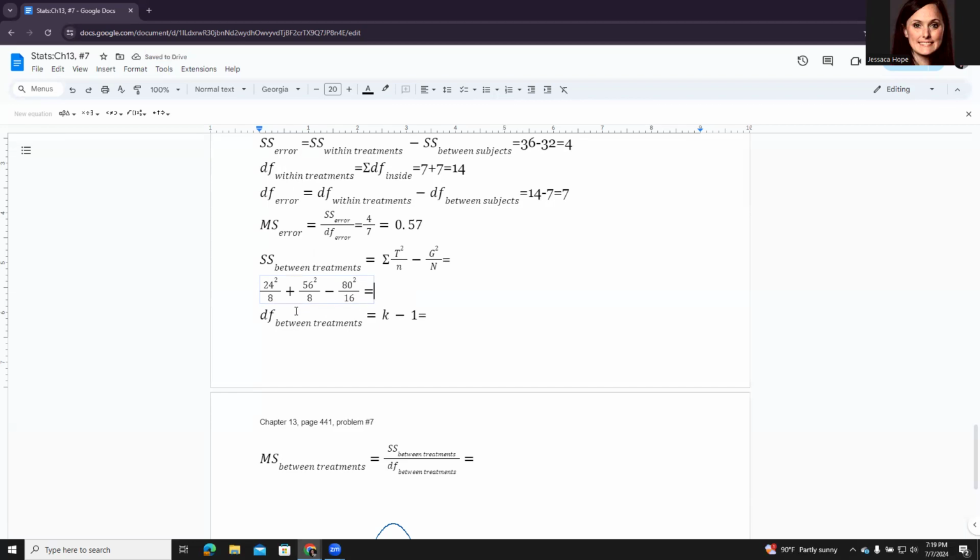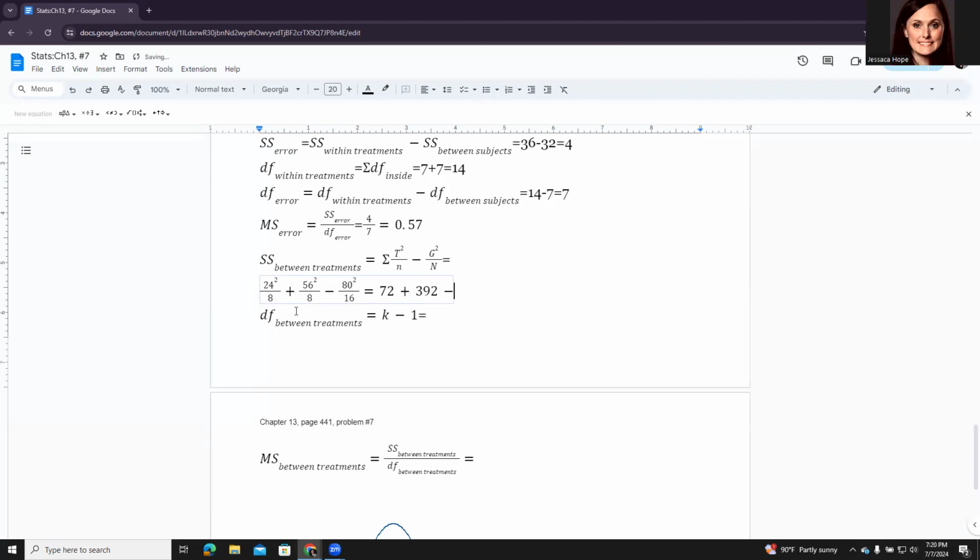So 24 squared is 576, divided by 8 is 72. 56 squared is 3,136, divided by 8 is 392.